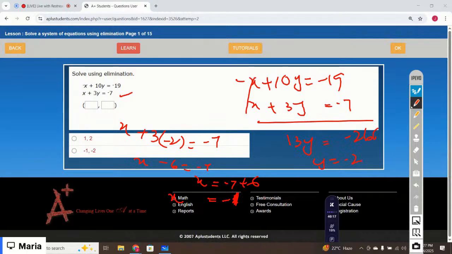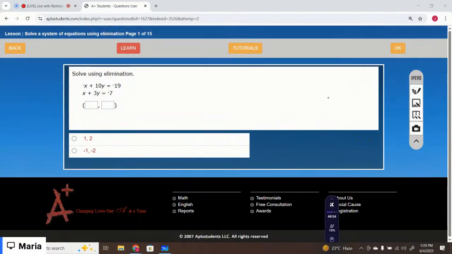Option number 2 is the correct option. So that is negative 1 and negative 2.